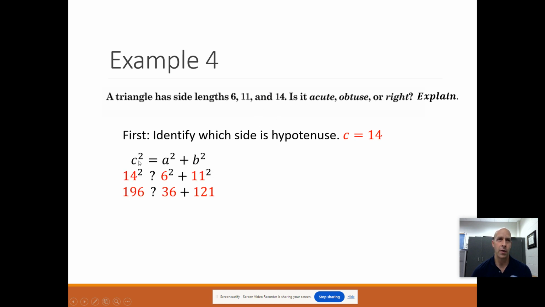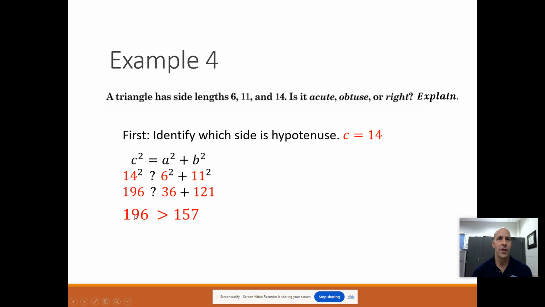And notice here I wrote c squared equals a squared plus b squared. That's the Pythagorean theorem. But now I've changed my equal sign to a question mark because we don't know the equality exists there. So remember, c is 14, so I put 14 in for that. I let 6 be a and 11 be b, and then I work it out.